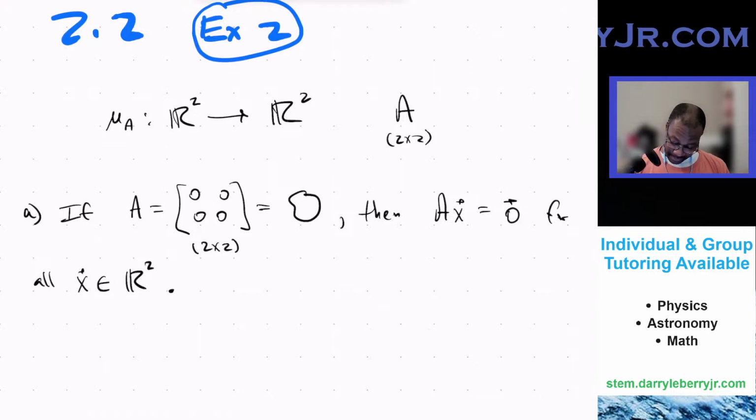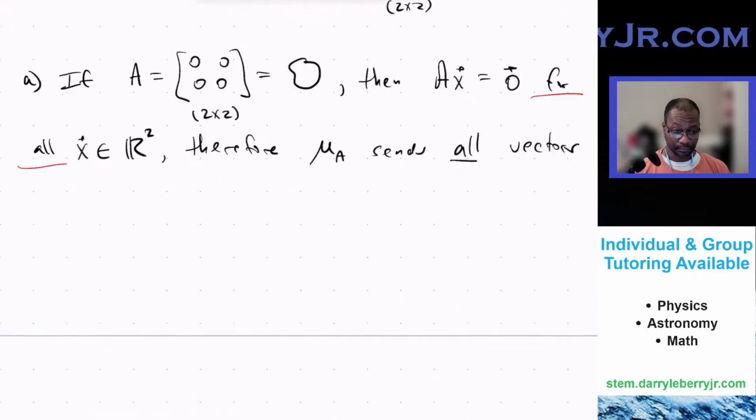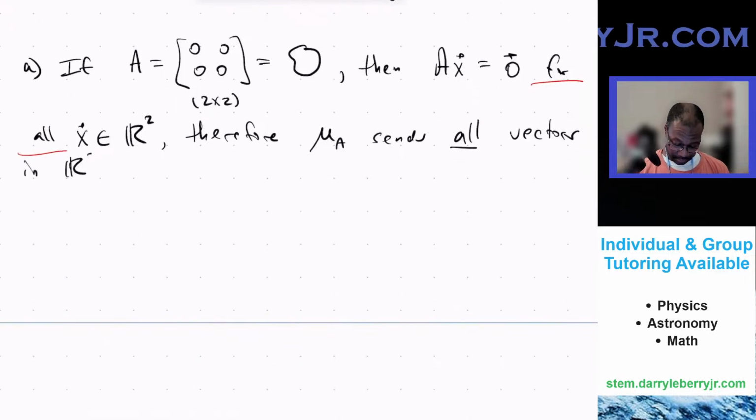Remember, we talked about how we have to make sure we put our conditions in the proof in the last video. So if that is the 0 matrix, then that equals 0 for all X. Therefore, this transformation, mu A, sends all vectors in R2 to the 0 vector.